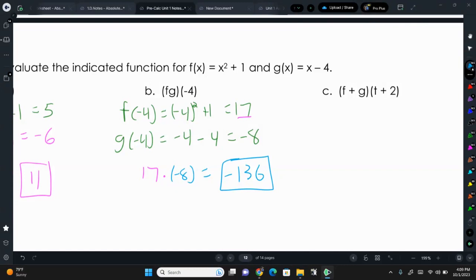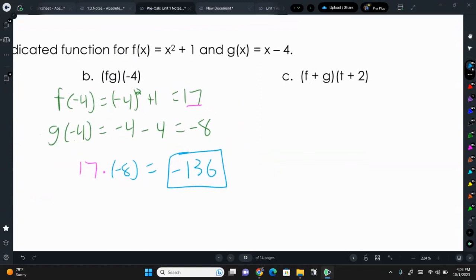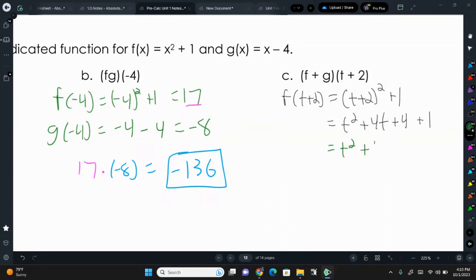Now letter C is a little bit different because we're plugging in t plus 2 for x. So f(t + 2) is going to be rewritten as (t + 2) squared plus 1, which we can rewrite as t squared plus 4t plus 4 plus 1, which then we can combine our like terms and get that.